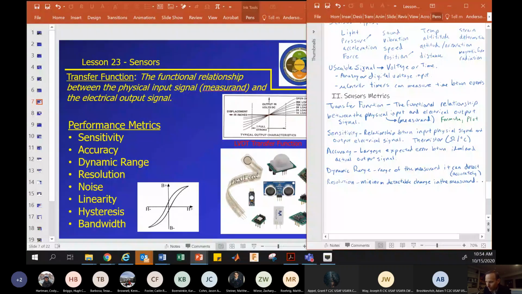Okay, noise. So what is noise? I'll just tell me what you think noise is, and I'll give you the book definition. Would that just be like how it handles interference? How sensitive it is to like any interference? Okay.